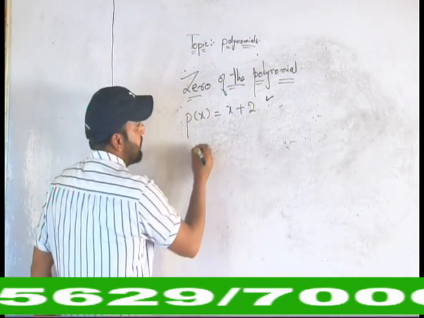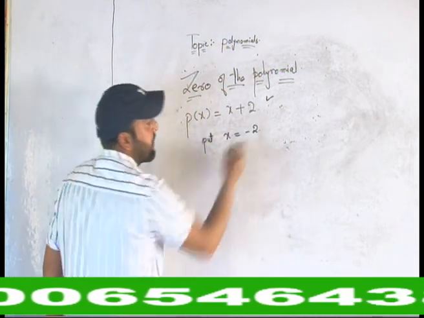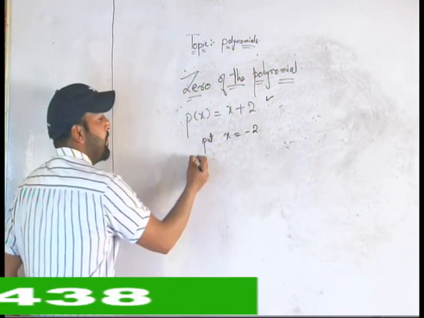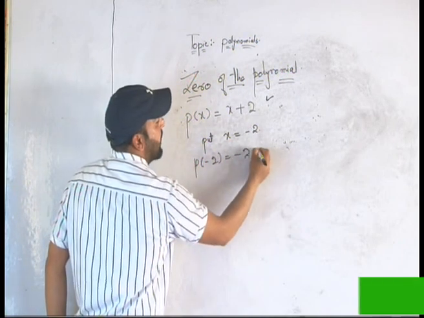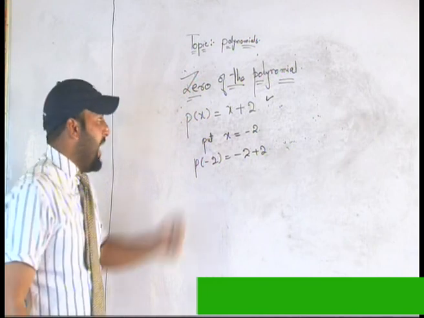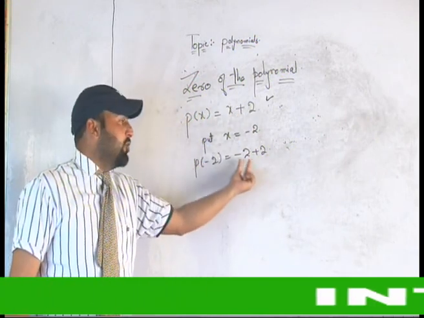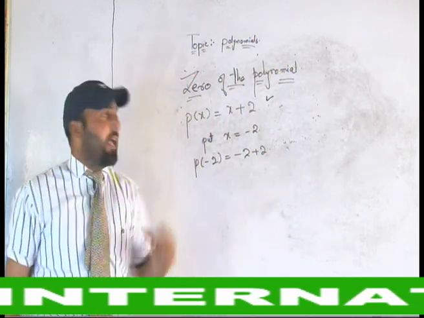Suppose I put x equal to minus 2. After substituting x equal to minus 2, we get p of minus 2 equal to minus 2 plus 2.